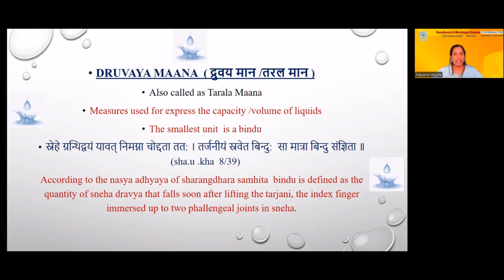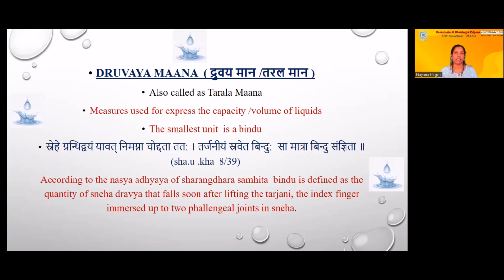In the Uttarakhanda of Sharangadhara Samhita, in the Nasya Adhyaya, the Acharya has given what is Bindu. We'll go through the shloka: Snehe Granti Dvayam Yavat Nimagna Chodata Tataha Tarjaniyam Travet Binduhu Sa Matra Bindu Sannita.